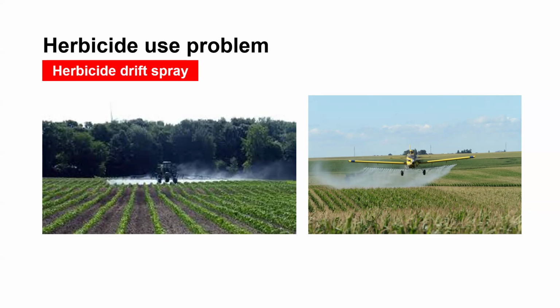Pesticide spray that misses the target organism is known as drift. As I write here, herbicide drift spray is a pesticide spray that misses the target organism.